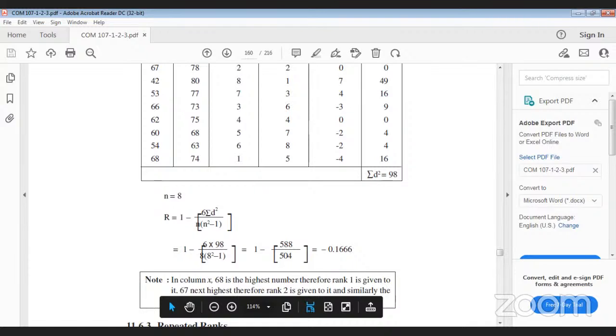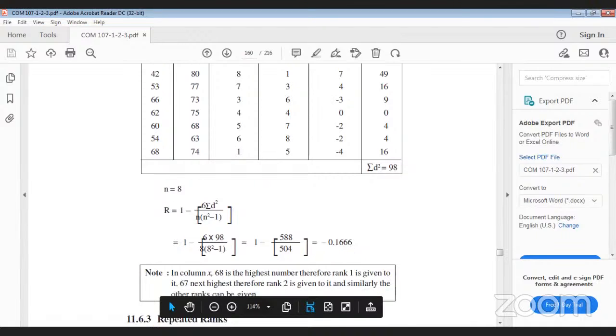Then upon that, n is here 8, then n square 8 square 64 minus 1, that is 63 into 8 is equal to 504. That means 588 upon 504. The answer will be minus 0.1666 here, and this is the answer here.